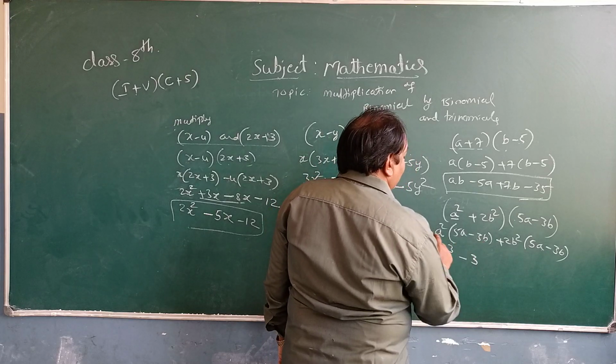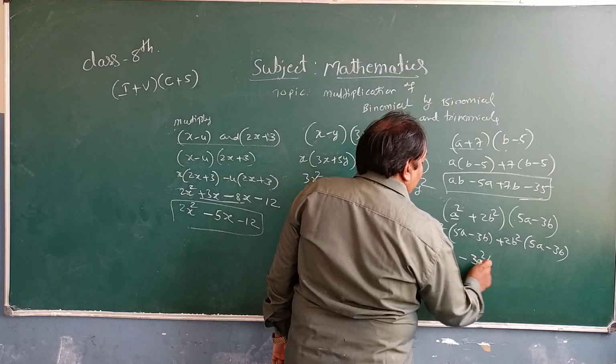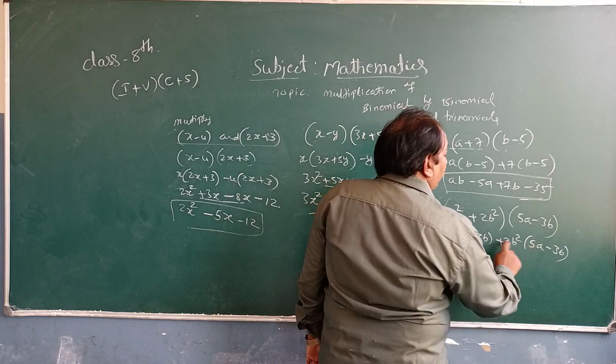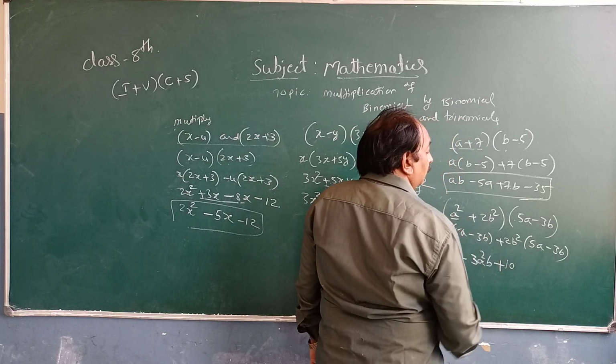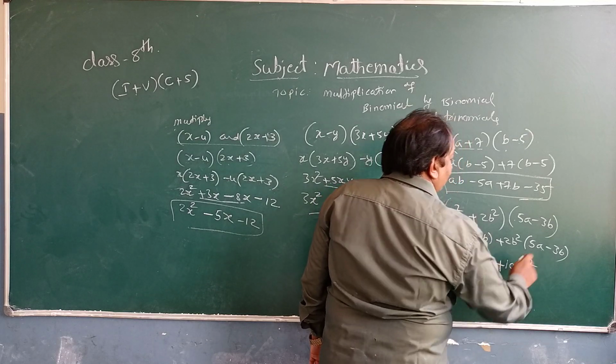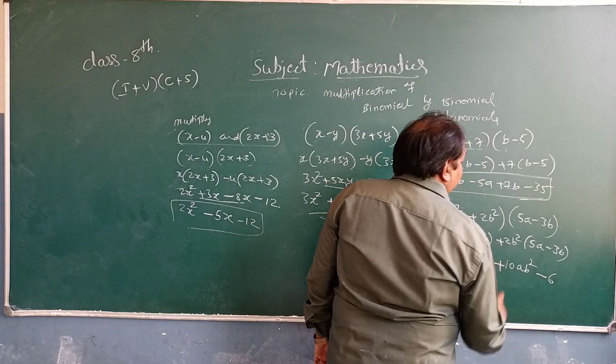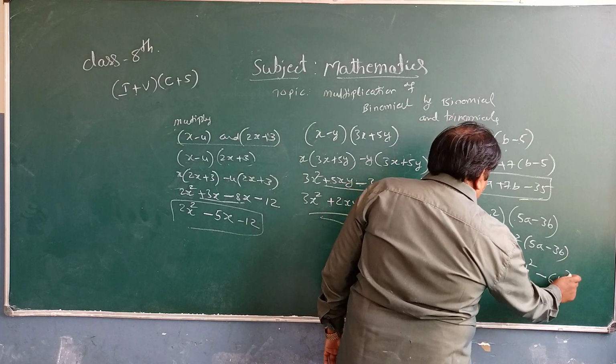Minus 3 as it is, a square as it is, b, minus 3a square b. Plus 5 2s are 10, ab square. Plus into minus, minus 3 2s are 6, b square into b, b cube.